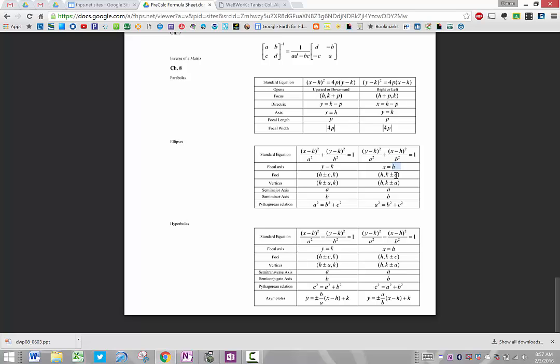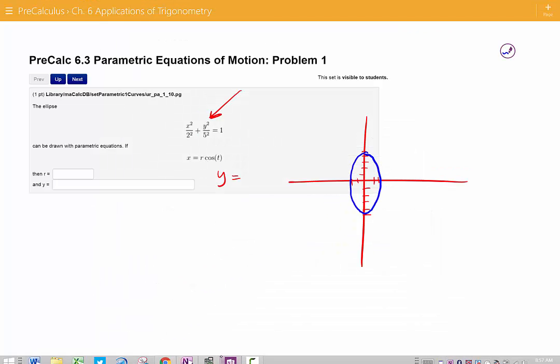So it opens vertical, and all the information's here as far as the foci, the vertices, the semi-major axis. All the information you need is in this table. So you can actually use that, and if you want to know more about that, I'll show you that. But basically, we graph it like this then, where the focal axis is x equals 0, goes through the two foci, and it's a vertical ellipse.